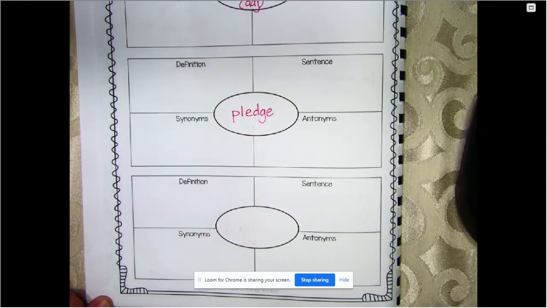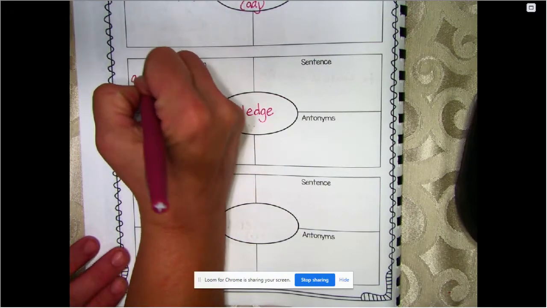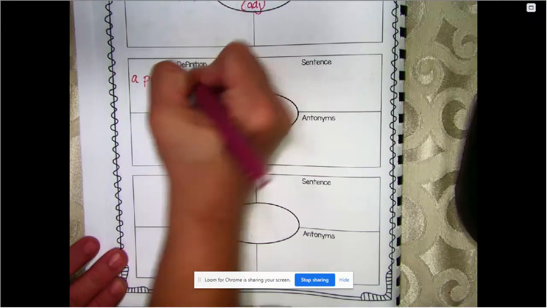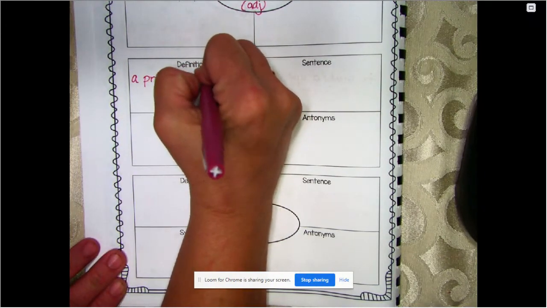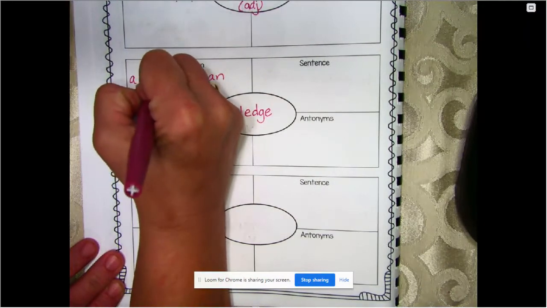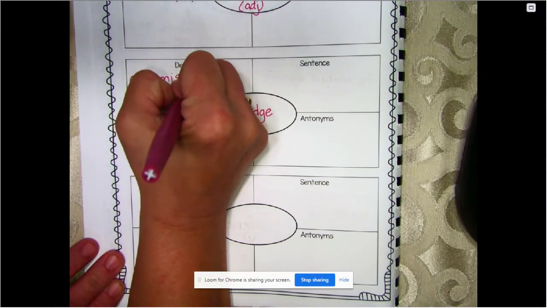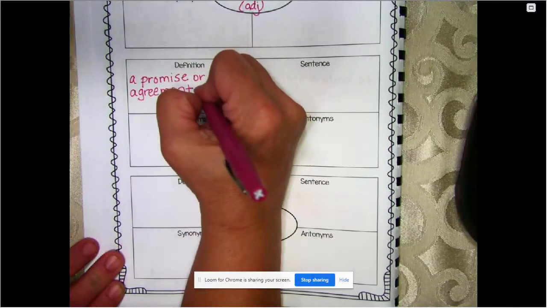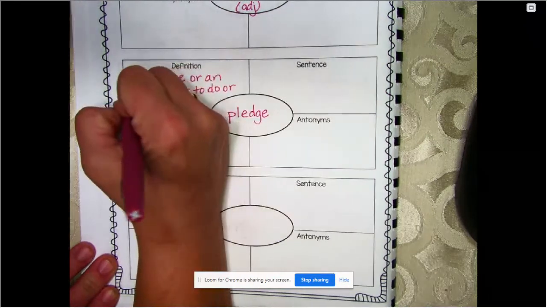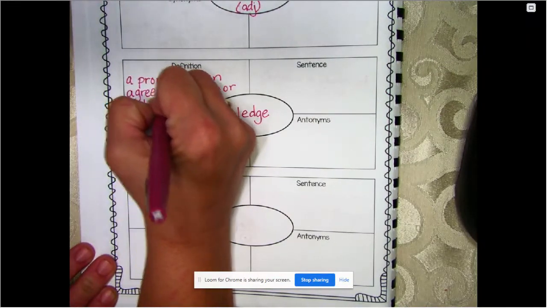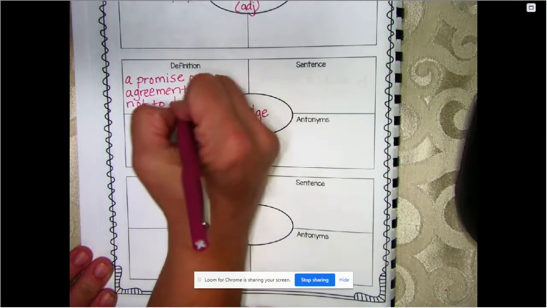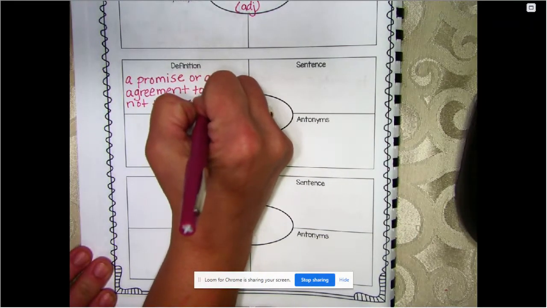And a pledge means a promise or an agreement to do or not to do. So, excuse me, let me add one more thing here. To do something.